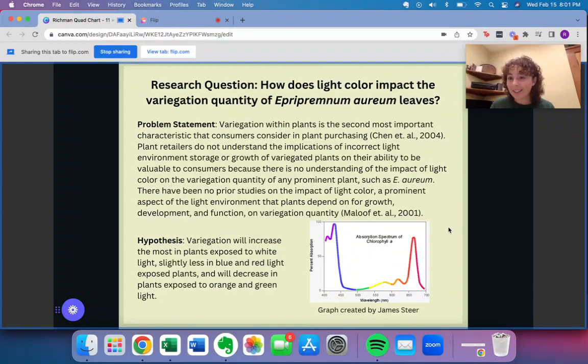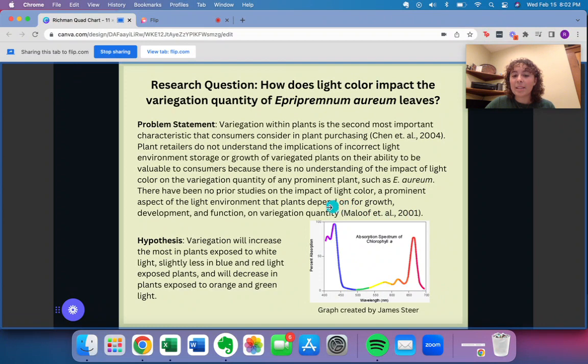And my hypothesis is that variegation will increase under white light. It'll increase the most under white light because it has all of the light that it could possibly need to do photosynthesis. So it's okay if it has non-functioning regions on the leaf where photosynthesis isn't happening, variegated regions, because it doesn't need them.